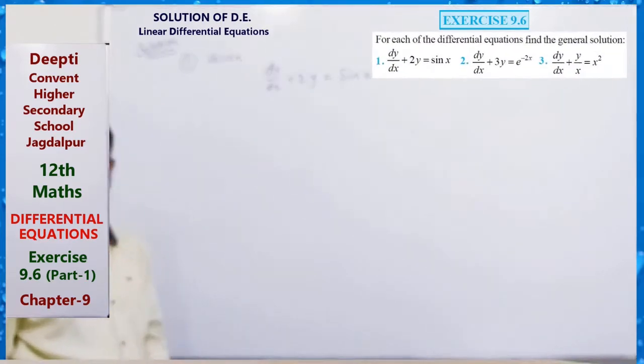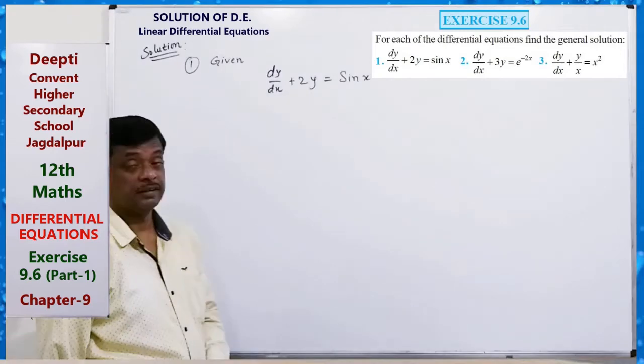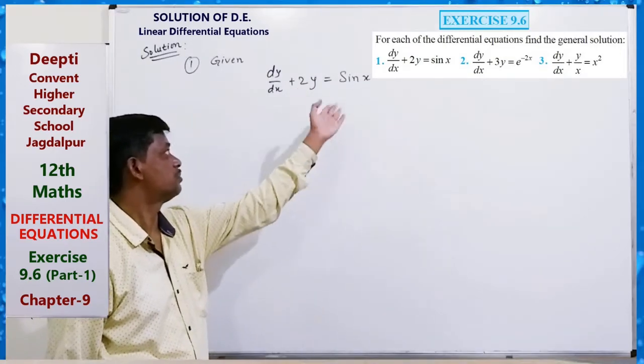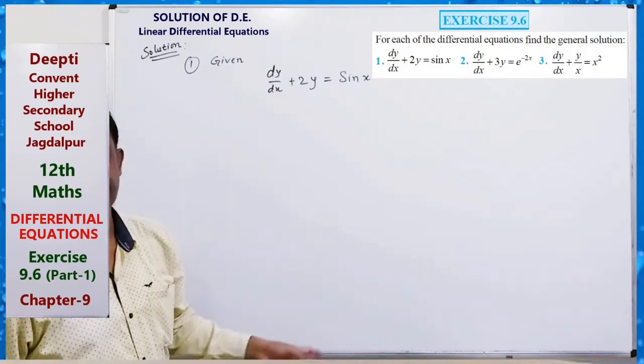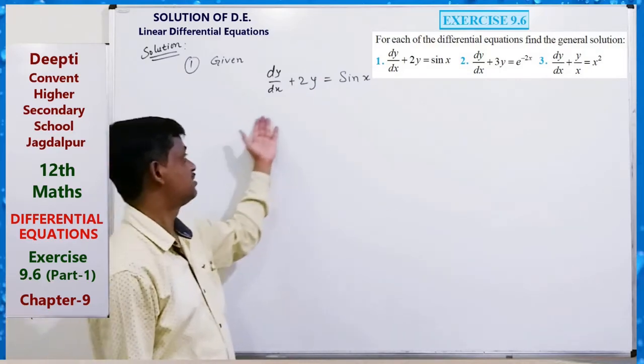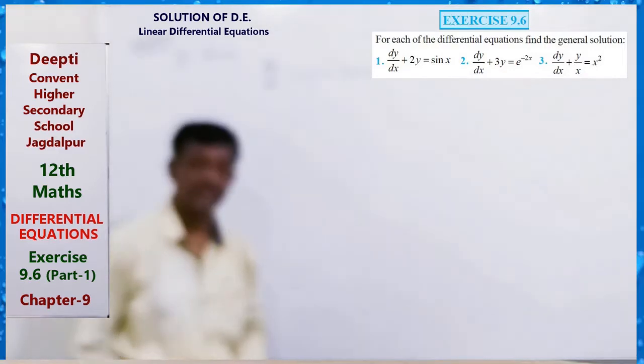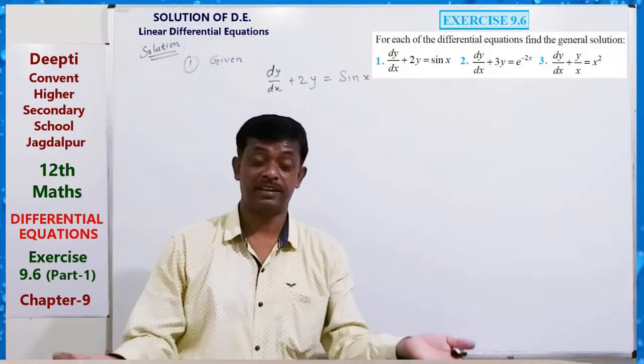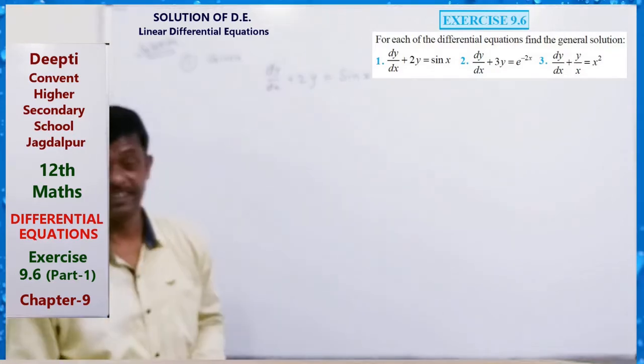Clear? It is not separable, because we can only write it as sin x minus 2y, which is not in separable form. Also, we cannot test it as homogeneous. So we will find another method.